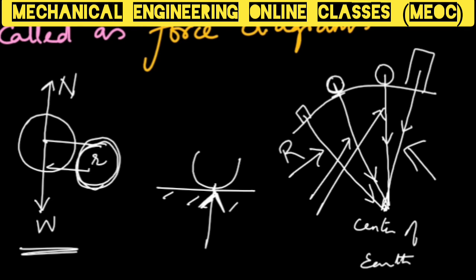By the definition of parallel lines, we know that parallel lines are those lines which meet at infinity. Suppose this is small h, and this is capital R, the radius of Earth. Capital R is very high compared to h. H is almost negligible, and R is almost infinity when compared to h.